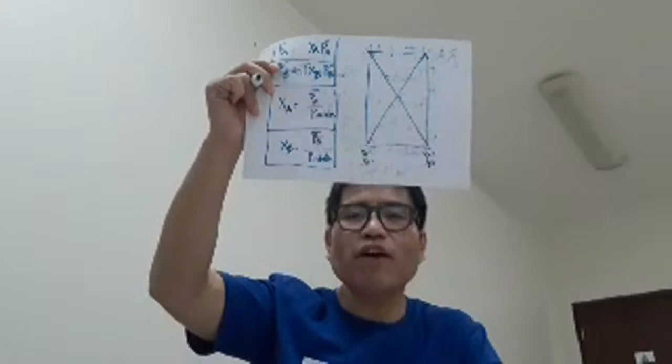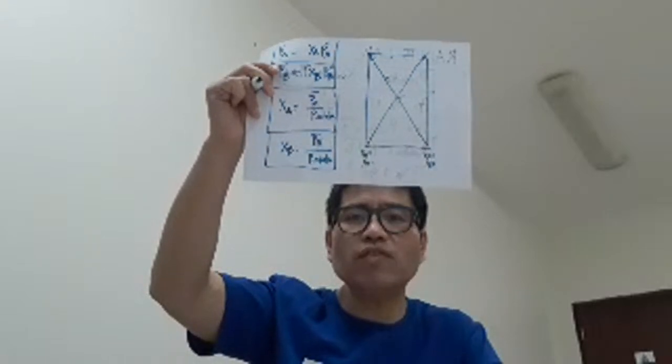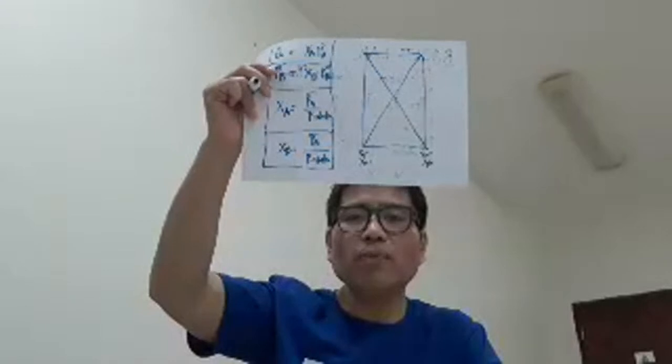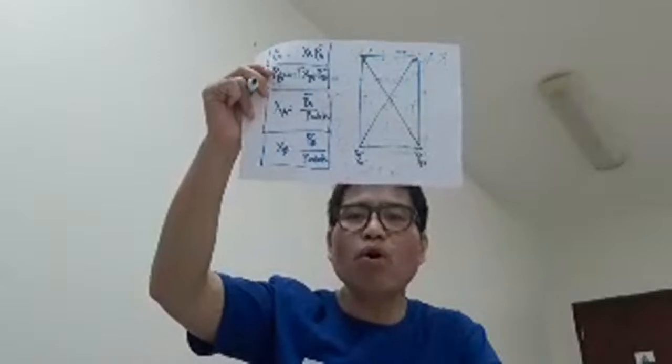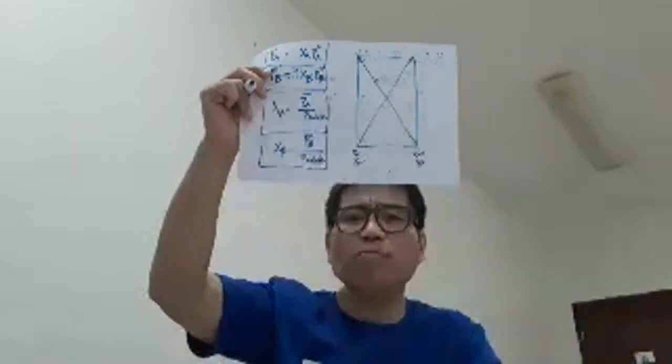Then after plotting those values, you can obtain a graphical representation like this, okay? Slanting upward for both, the partial pressure of A and the partial pressure of B, something like that, okay?